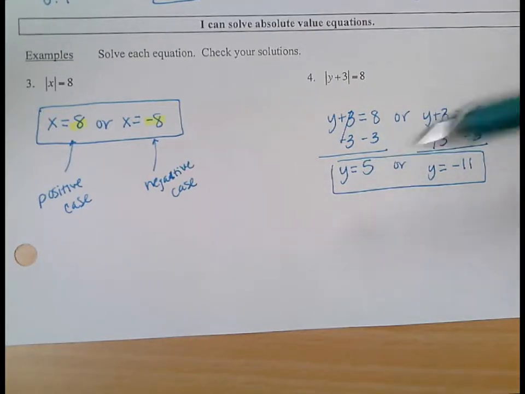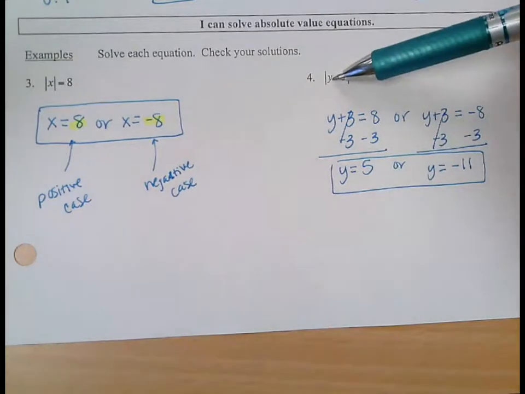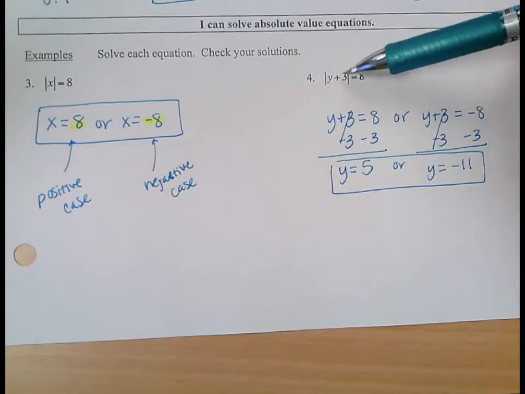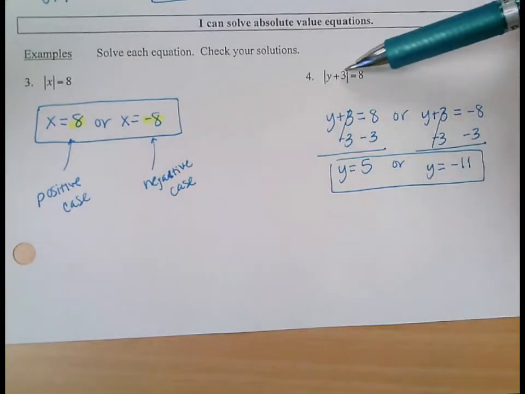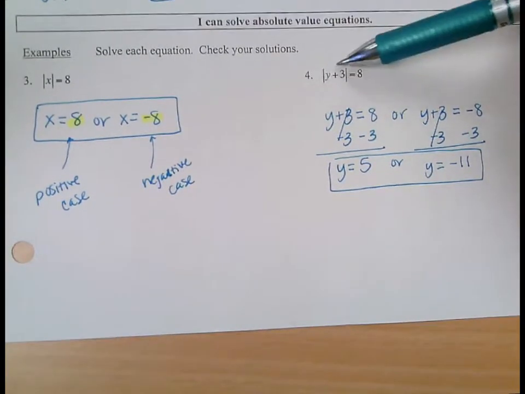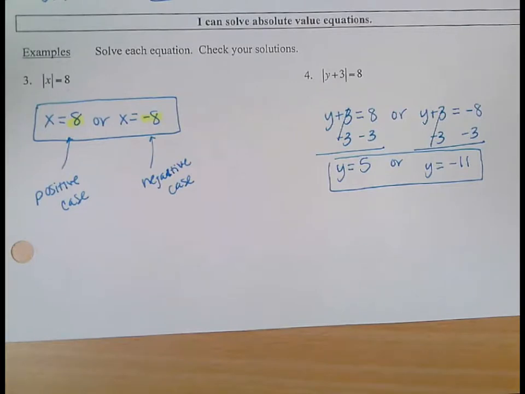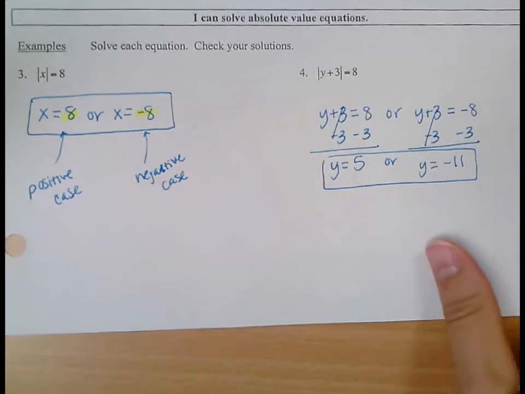So if I just quickly check, if I substitute 5 in for y, 5 plus 3 is 8, so the absolute value is 8, so that works. -11 plus 3 is -8, so the absolute value is +8. Just a quick check, because, and we will go through an example, in some cases one of your answers or both might not actually work. And we'll talk about that when we get to it.